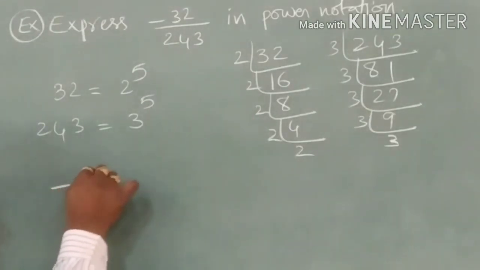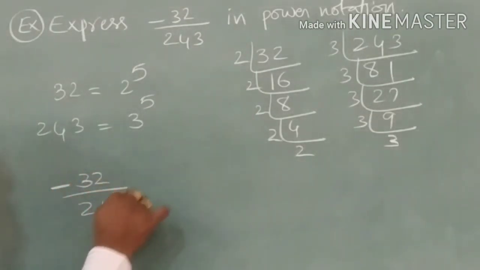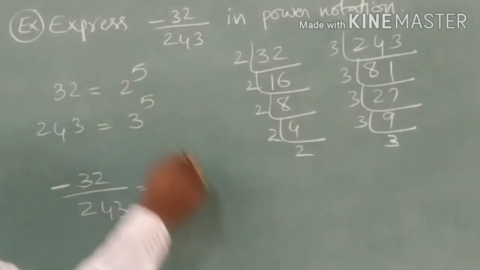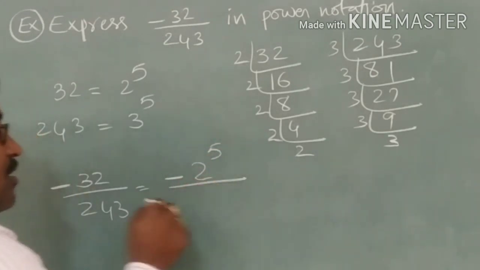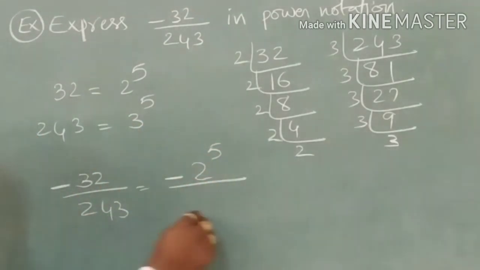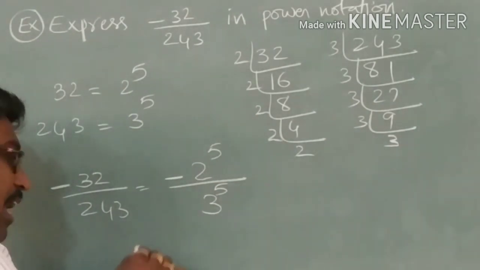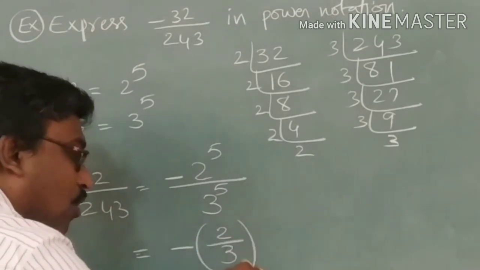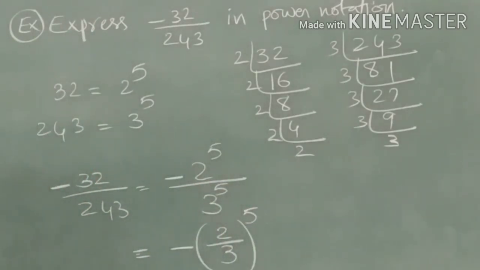Now minus 32 by 243: 32 can be written as 2 to the power of 5 and 243 can be written as 3 to the power of 5. That implies we can write minus (2/3) whole to the power of 5.